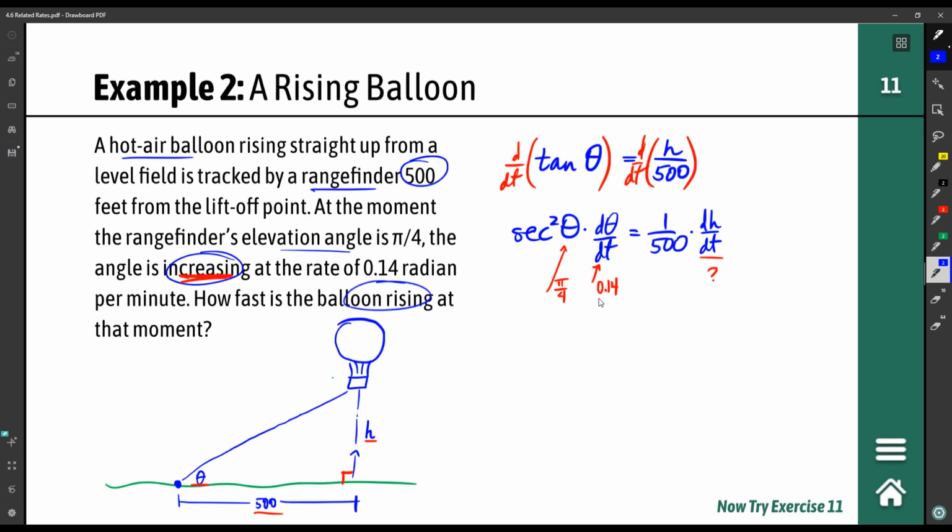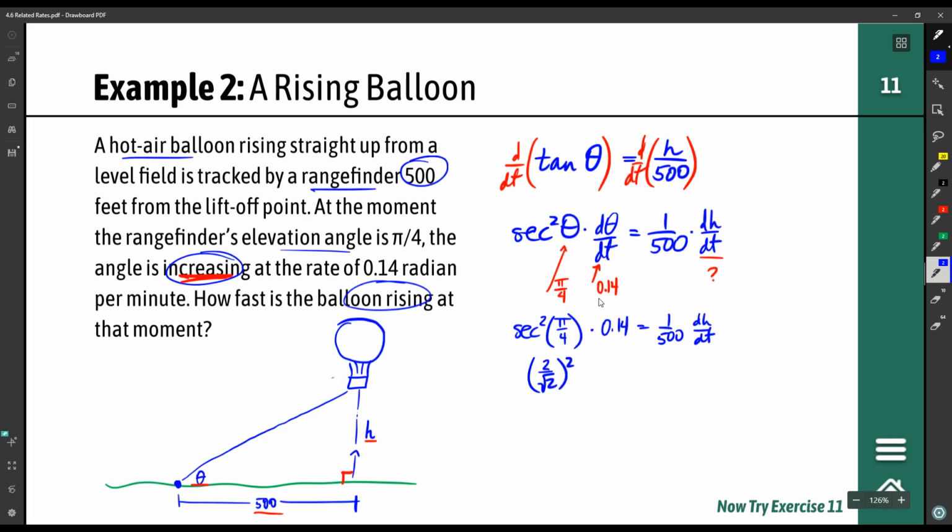So we've got secant squared of pi over 4, and then times 0.14, and then that's equal to 1/500th dh/dt. And then we need to continue on with the work. Well, secant of pi over 4 is the reciprocal of cosine. So cosine of pi over 4 is root 2 over 2. So the reciprocal is 2 over root 2.